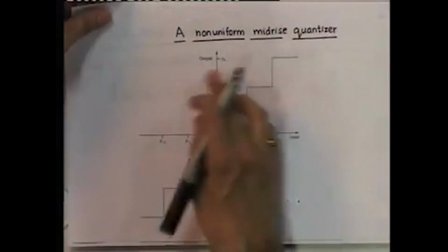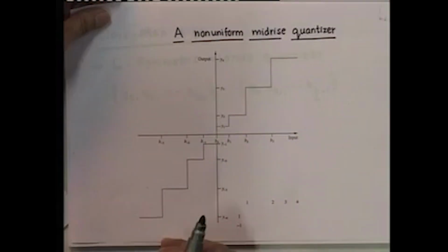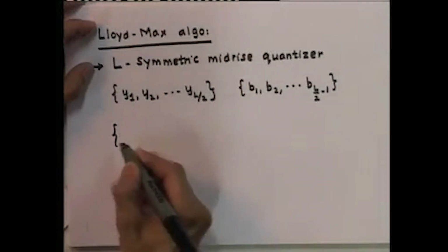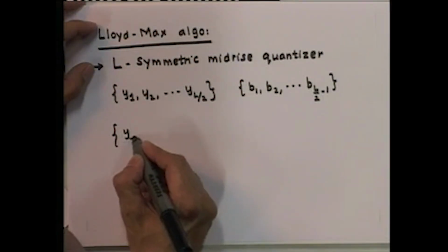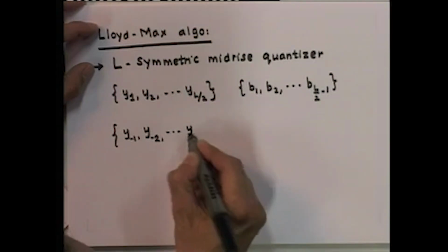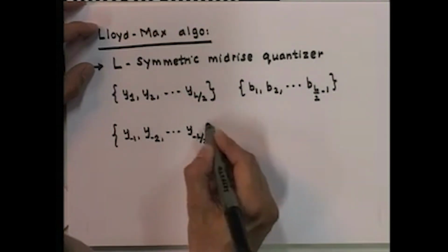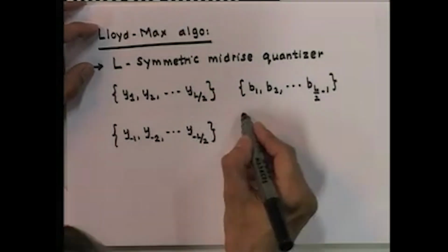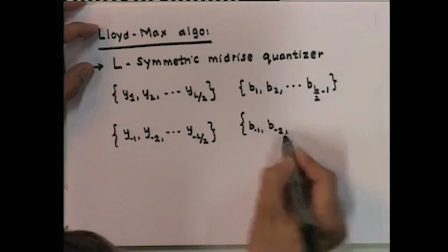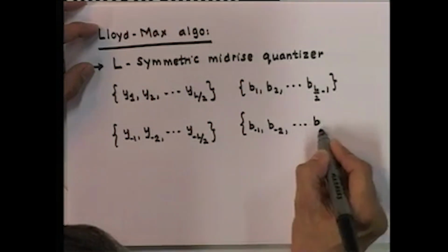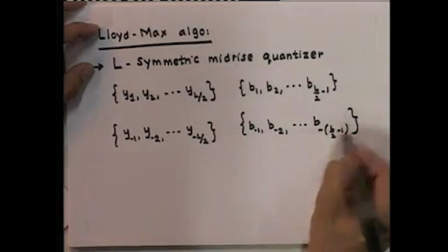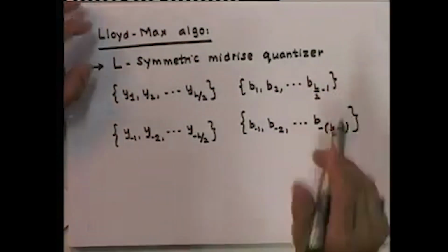The example here is for L equal to 8. The reconstruction levels y_{-1}, y_{-2} up to y_{-L/2} and the decision boundaries b_{-1}, b_{-2} up to b_{-(L/2 - 1)} are obtained via symmetry.